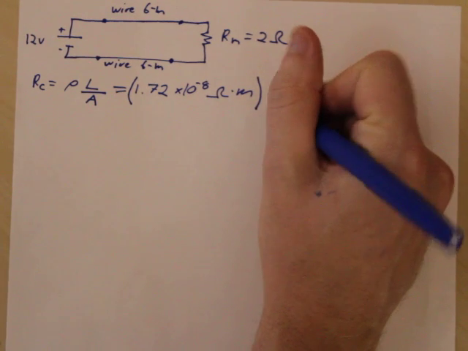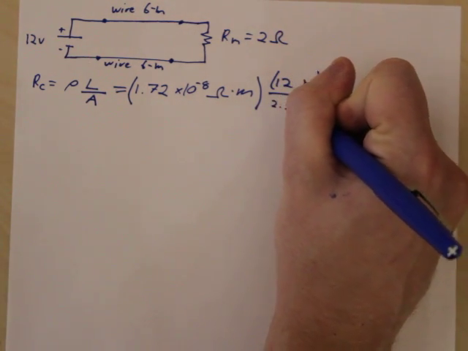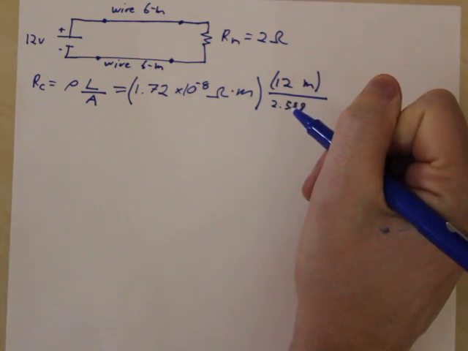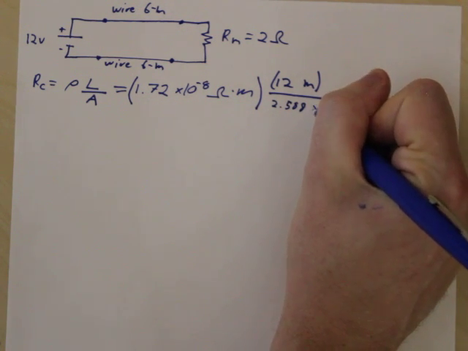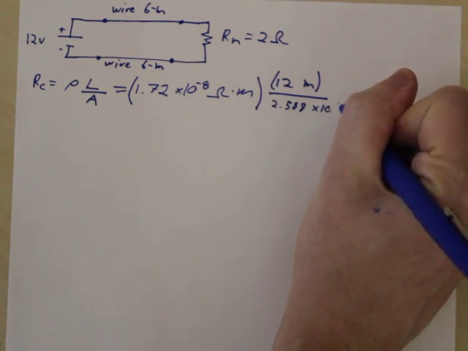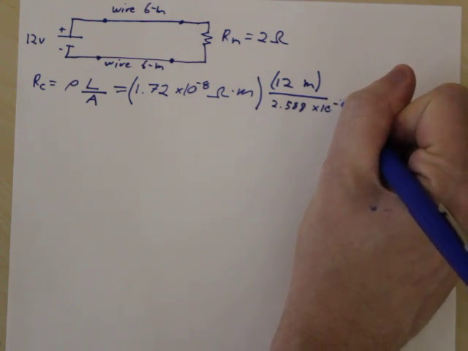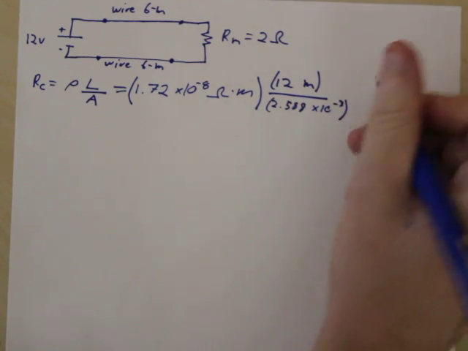We're going to do 2.588, and remember we have to move our decimal place over. So this is going to become times 10 to the minus, centimeter is 2, so this is 3.